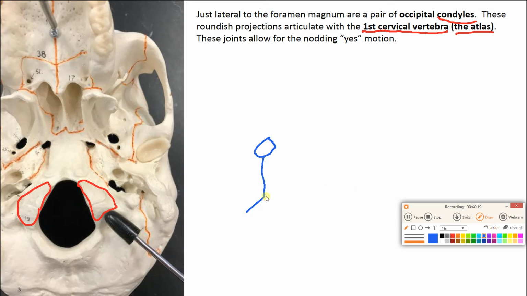So in Greek mythology, there was this character called Atlas. And what was he doing? He was holding up the heavens. He was holding up the sky. He was bigger and more muscular than my stick figure here. So because your first cervical vertebra holds up your head, someone made the classical analogy to Atlas from mythology.